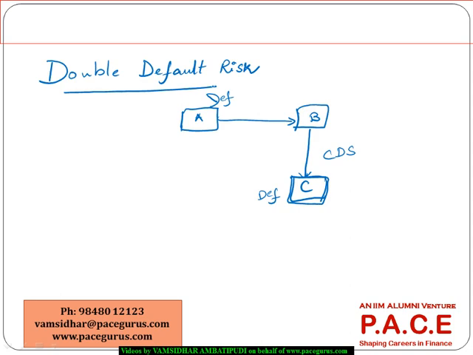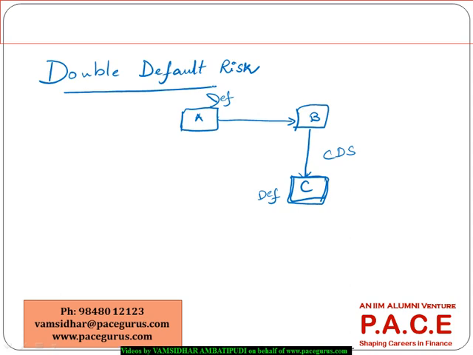This is something which happened in the case of AIG, which has written so many credit default swaps on the default of the counterparties. On various credit exposures, it has written so many credit default swaps and it was not able to meet the obligations.